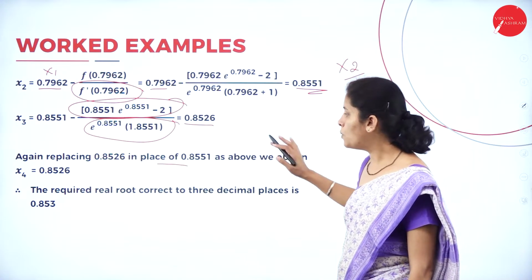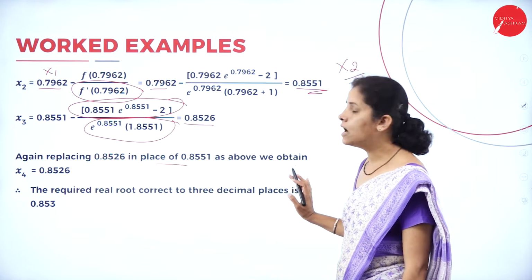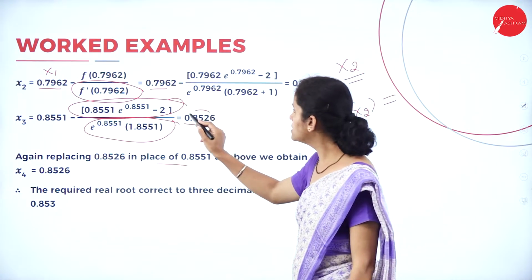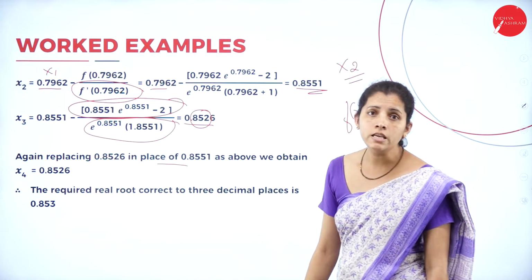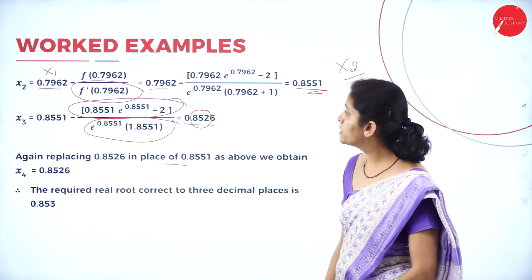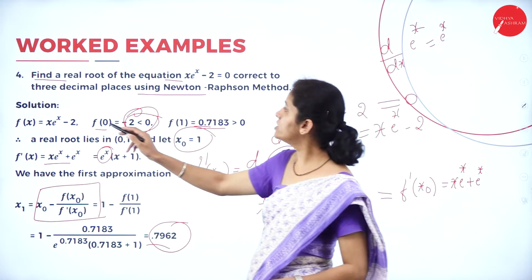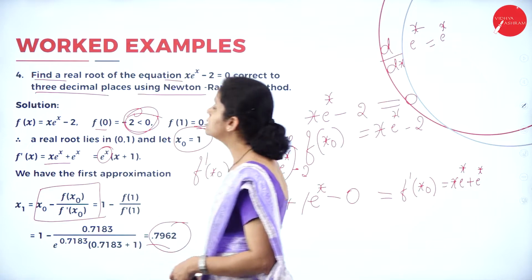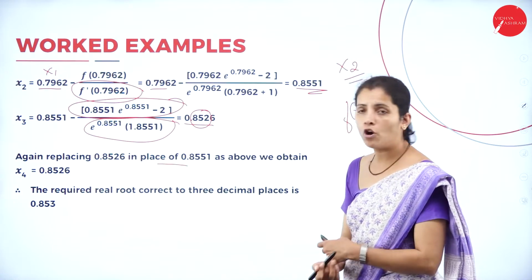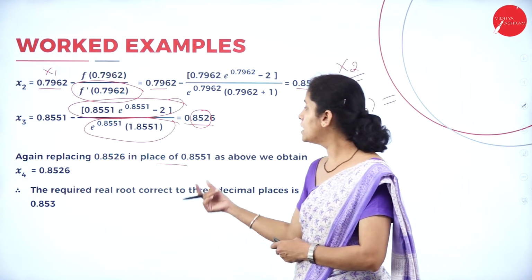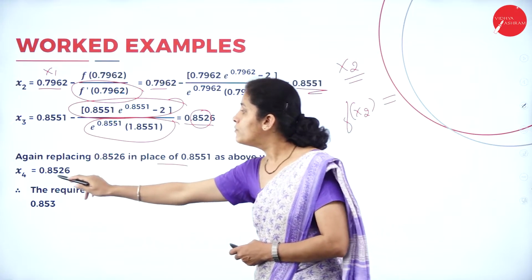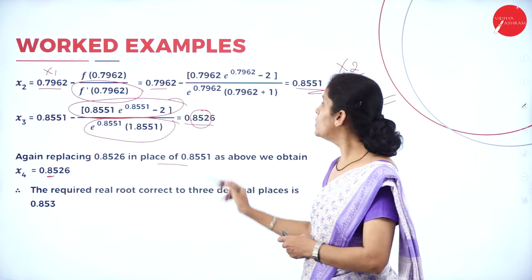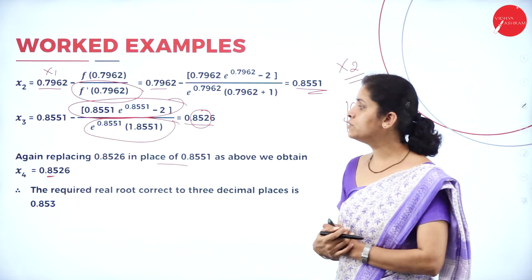So, what is my final answer? I'm going to consider only 3 decimal values, because in the question they mentioned up to 3 decimal places. So, to stop my iteration, I'm going to consider the fourth iteration value as well as the third iteration value.